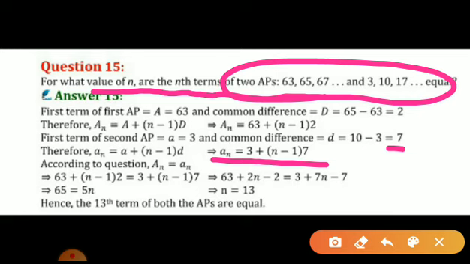That means for what value is your capital An equal to small an? Then substitute the values from these two equations and you will find the value of n. Here after solving you will get n equal to 13. So for n equal to 13, both sequences will have the same nth term. Okay, is it clear?